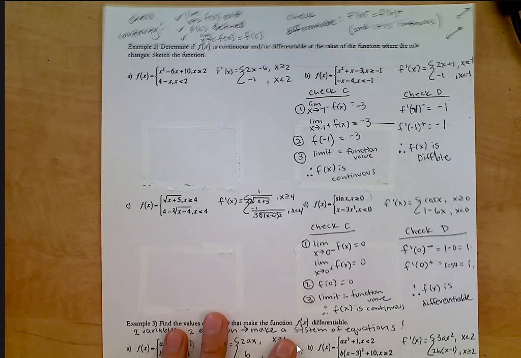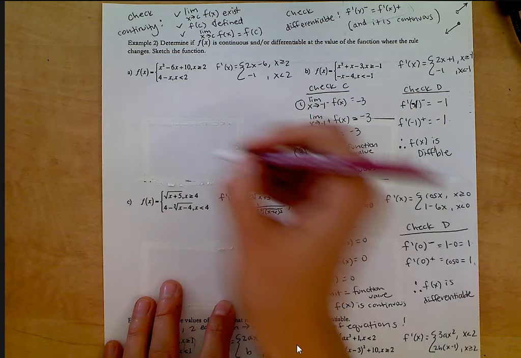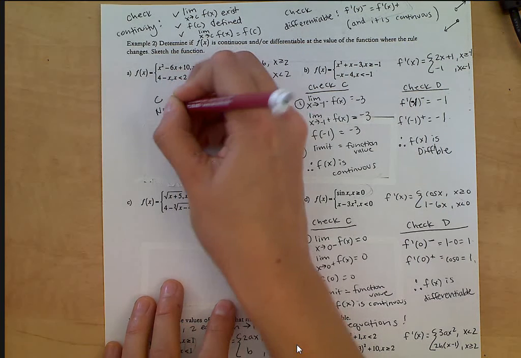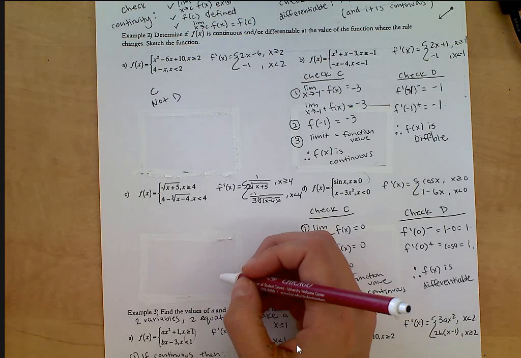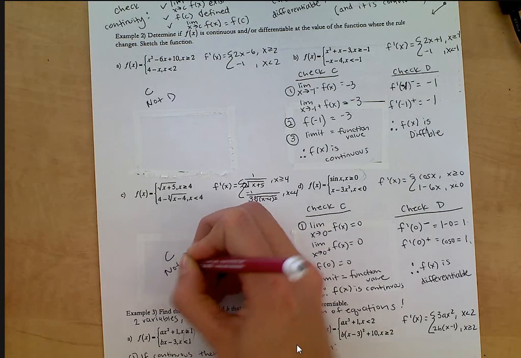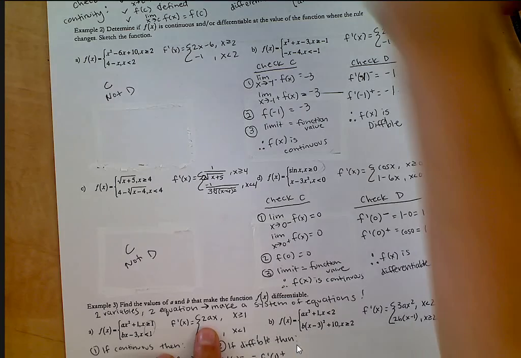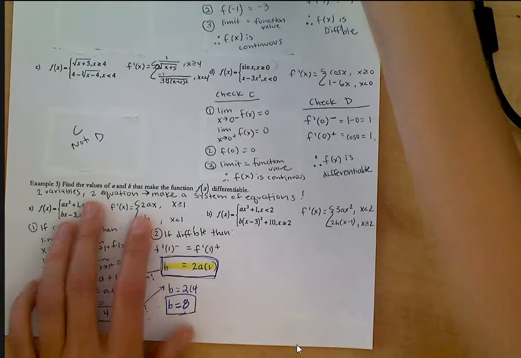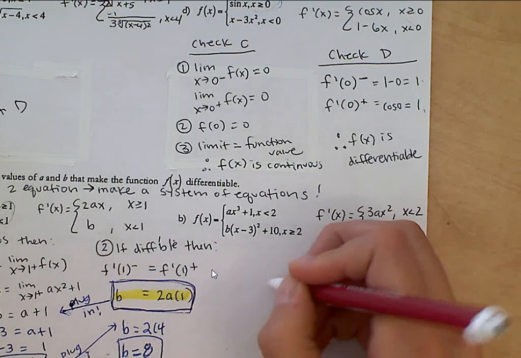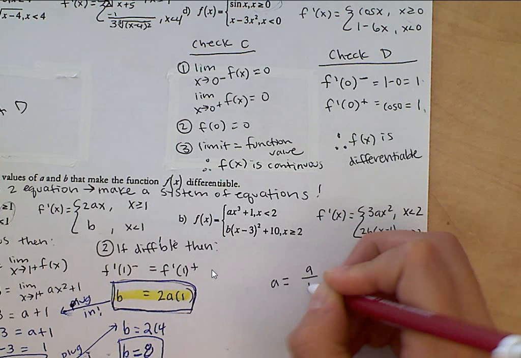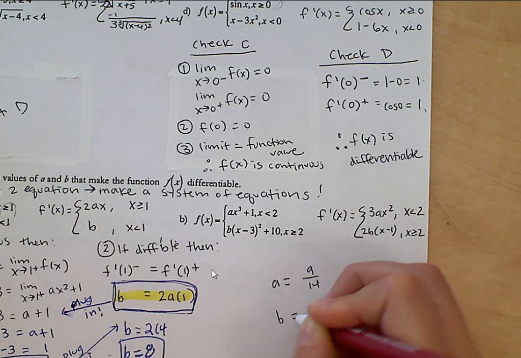For 1a you should get continuous but not differentiable. For 2c you should get continuous but not differentiable. And then for 3b you should get a equals 9/14 and b equals negative 27 over 7.